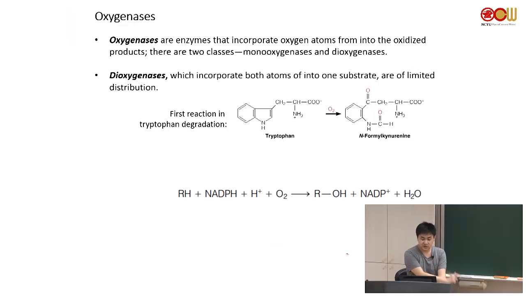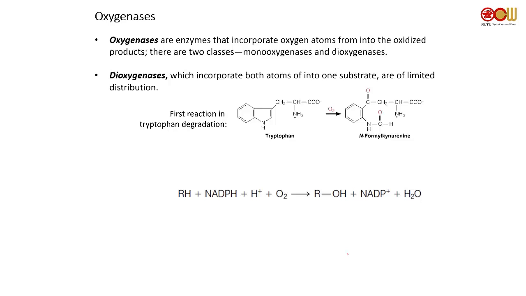Because we're talking about respiration and oxidative processes, we need to spend a little bit of time talking about oxygenases, because oxygenases also use O2 as a reactant. We will get to a lot of oxygenases throughout our class, but for now this is not terribly important.